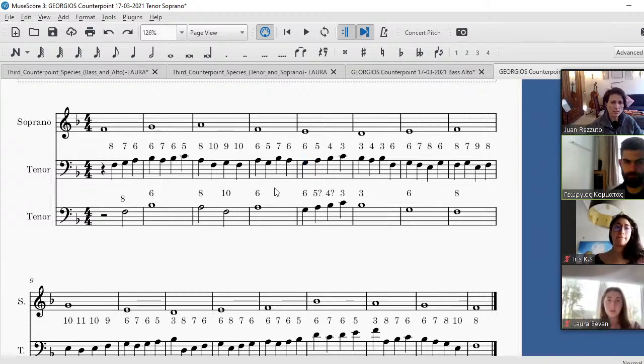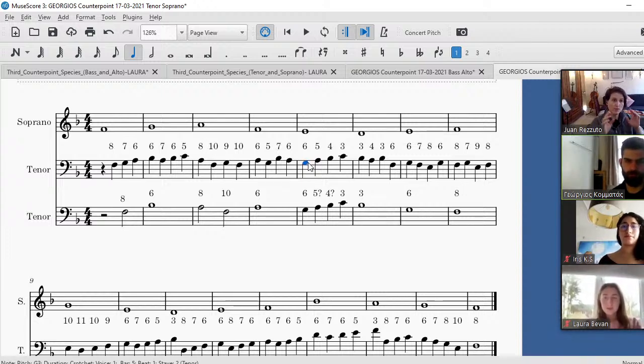Now, in the third species there is something that I didn't say, but this is kind of the beginning of what happens in Bach a lot, which is a double layered melody. In Bach, it happens all the time because you could see this A going to the G, or A, B and going to the C. So you have it in one same line.